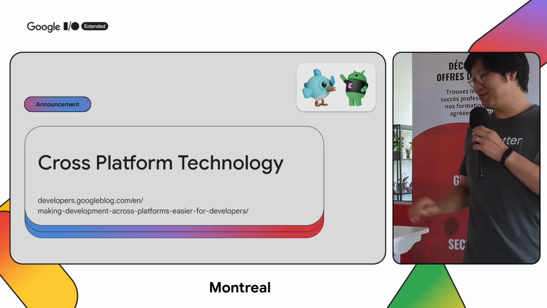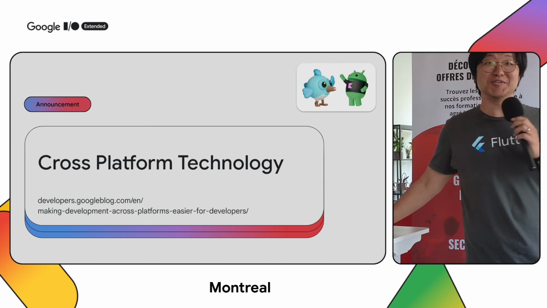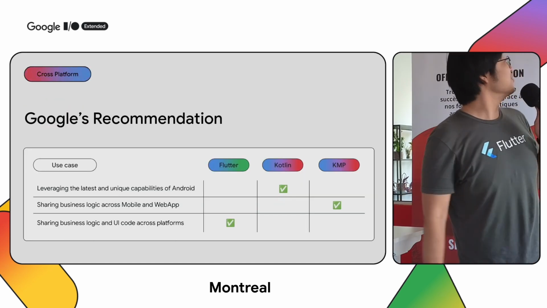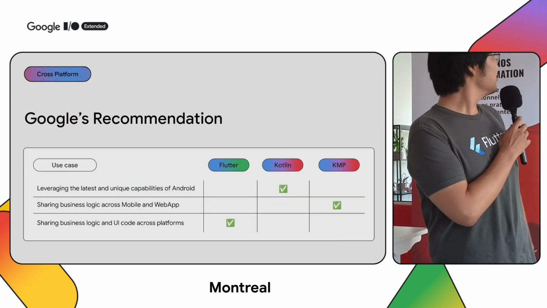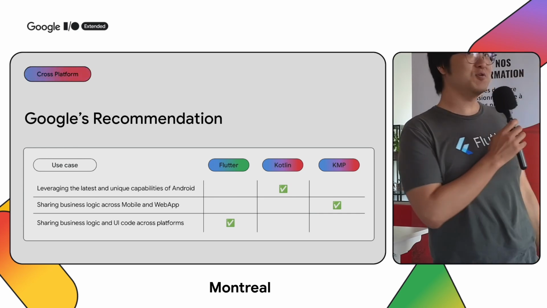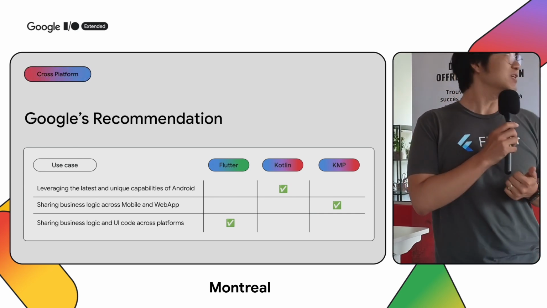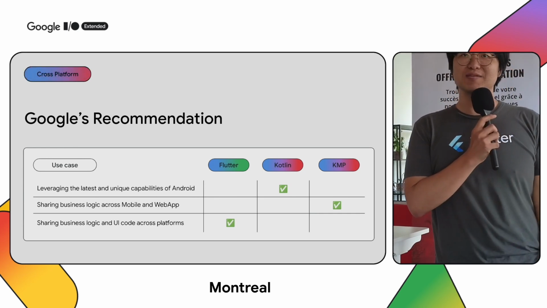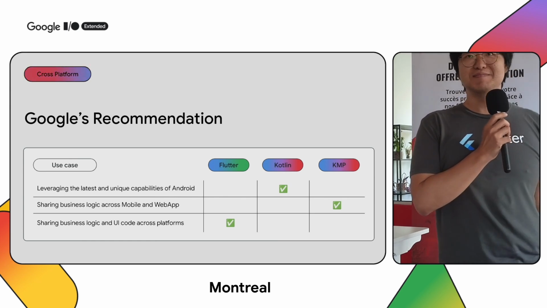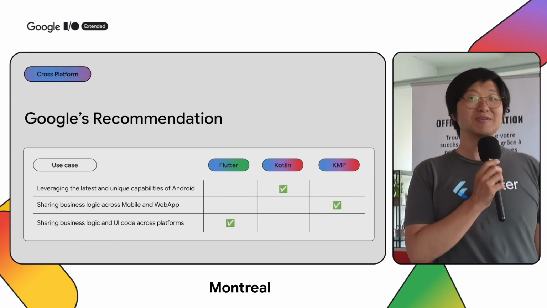But here's Google's official recommendation for your cross-platform framework choice. If you want to use the latest features of Android, they're going to say just use Kotlin. Makes sense. You want to make the Android application, so use Kotlin.